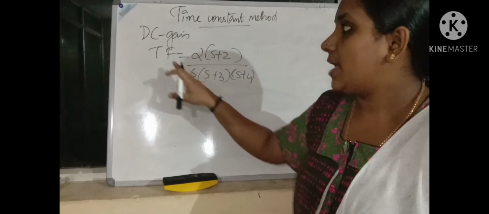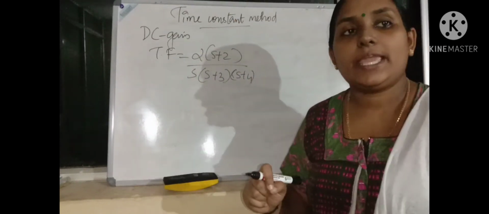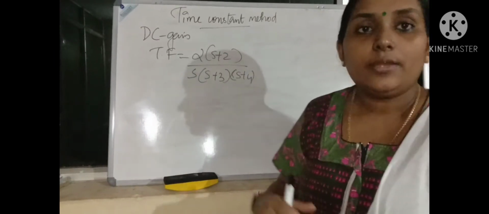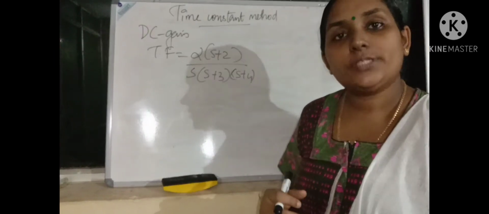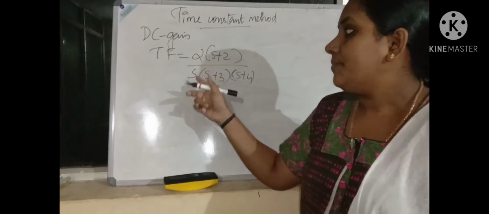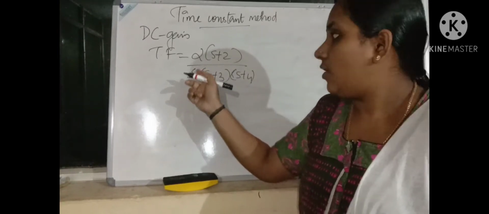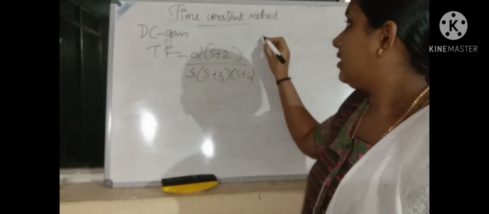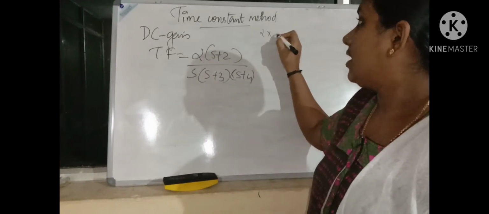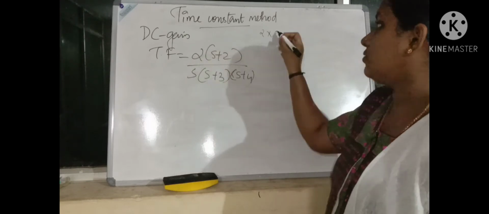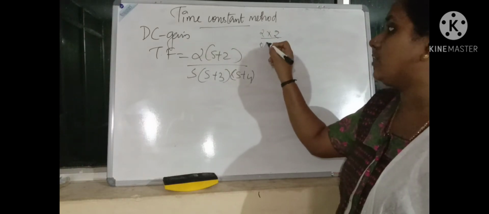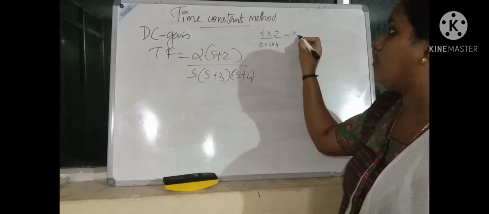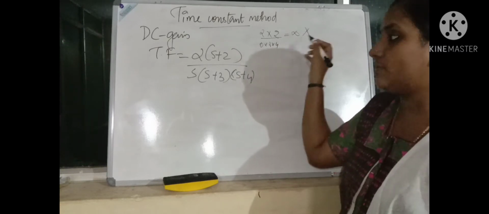If we have to find out the transfer function of this type, where one of the poles is at origin, then while calculating the DC gain it should be intact. That means S equal to 0, right? Here, if S equal to 0, the denominator becomes 0 into 3 into 4, and the numerator 2 into (0 plus 2), that is 4. That means the transfer function will be equal to infinity. It is not possible.